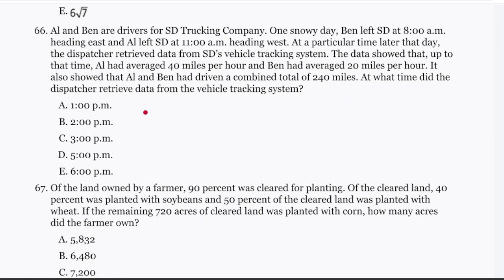Now at 8 a.m., Ben left SD. He is heading east.